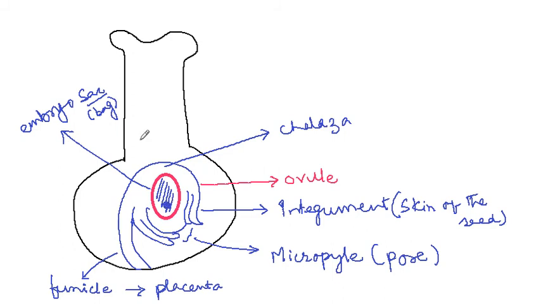Okay, now if we look at this female reproductive part, if we look at the stigma, we can see that it is broad and flat. So our stigma is broad and flat. Now what advantage can it have if it is broad and flat?